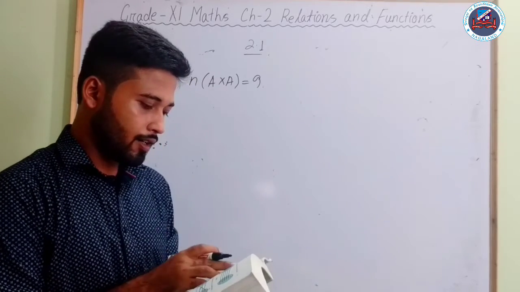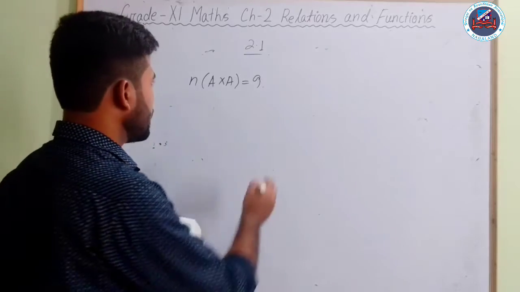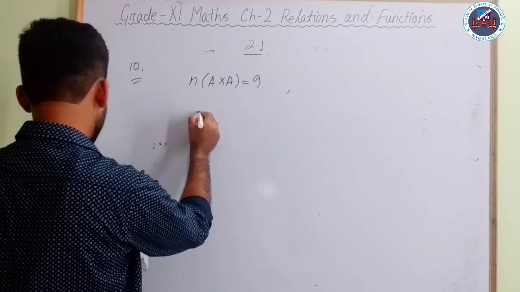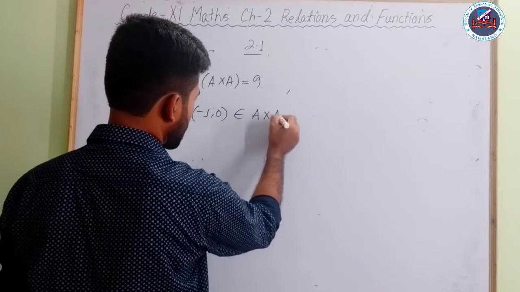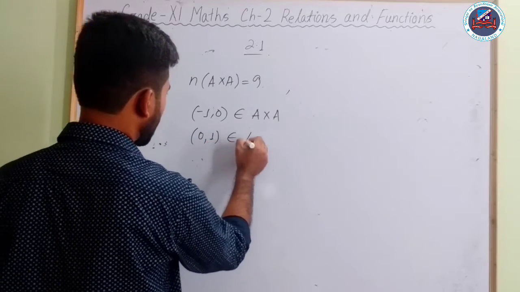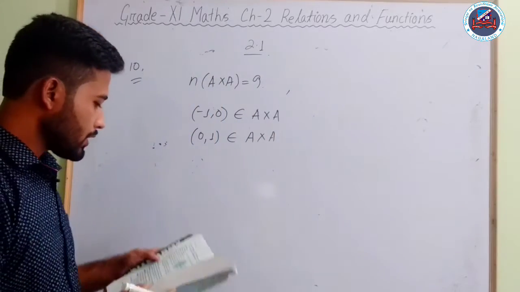Among which are found (-1, 0) and (0, 1). So in the question they say that (-1, 0) belongs to the Cartesian product A cross A, and (0, 1) belongs to the Cartesian product A cross A. So these two are already there. What do we need to find?